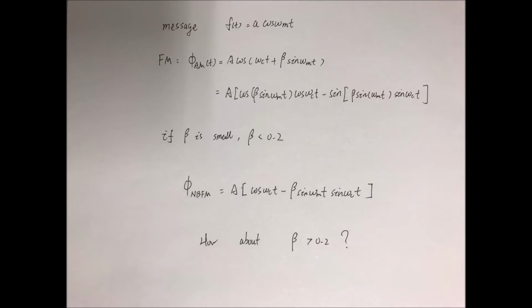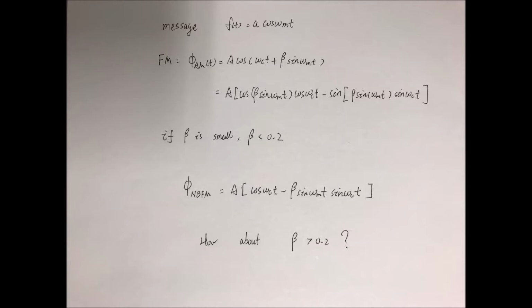So if this is my message, cosine A, for the FM signal, we have A cosine omega C t plus beta sine omega M t.